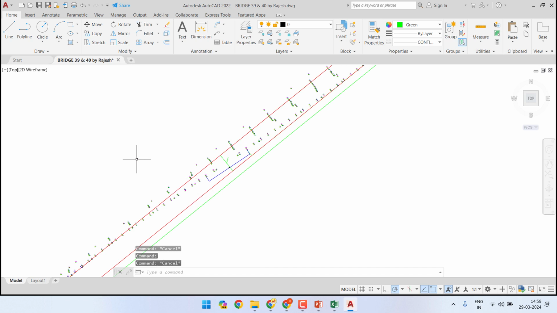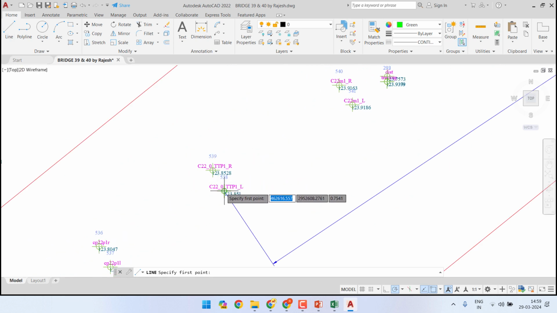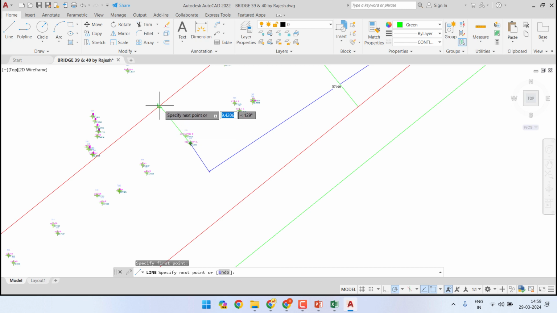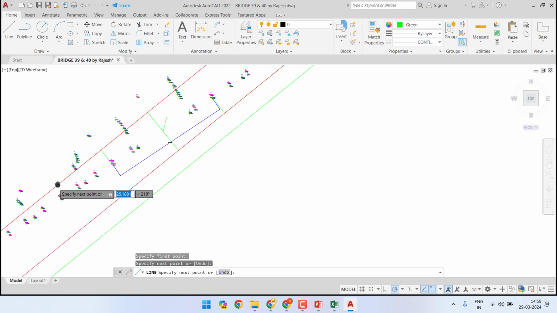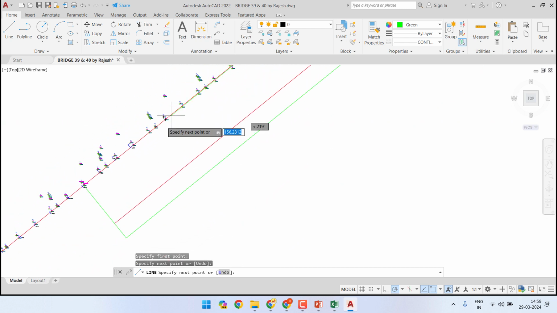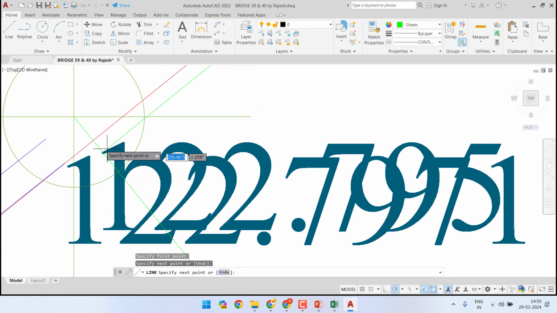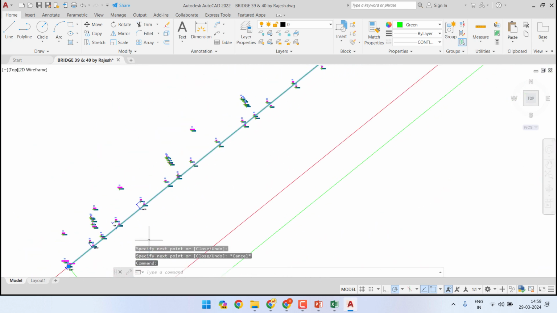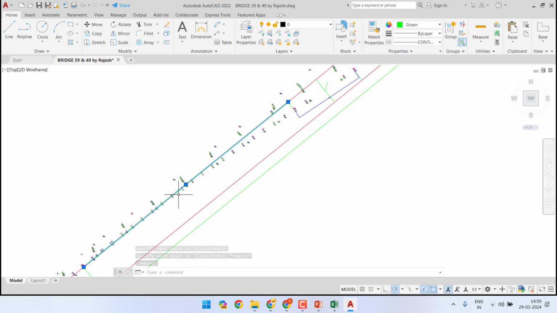Similarly, we assume that this TTP1 of curve 22 is at the correct location, and we draw the perpendicular here, then we draw a line from here till here, and this represents the total length of the second part of the curve, that is curve 22.